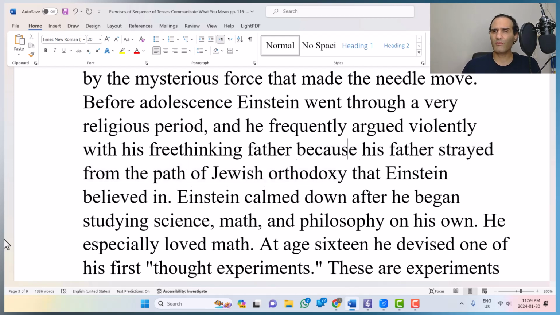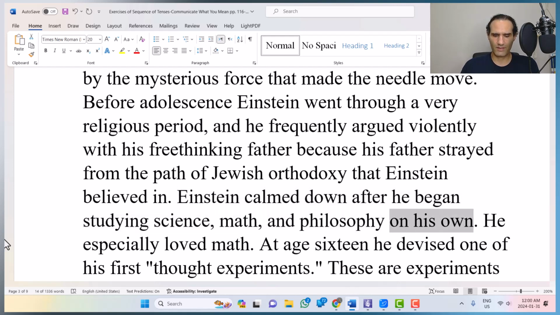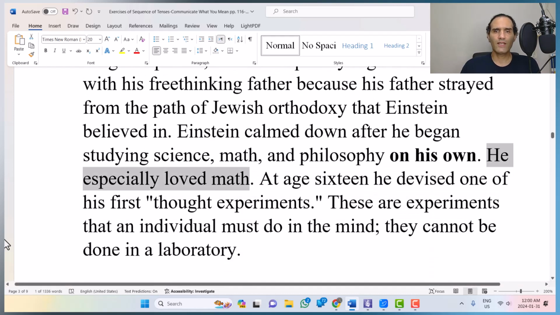So stray means go out of. He went out of the way of Jewish orthodoxy, which is the traditional system of belief in any religion that Einstein believed in. Einstein calmed down after he began studying science, math, and philosophy on his own, means alone, by himself. He especially loved math.